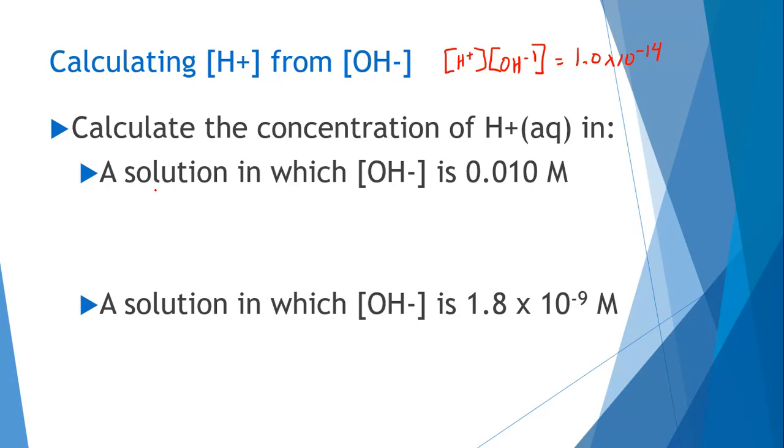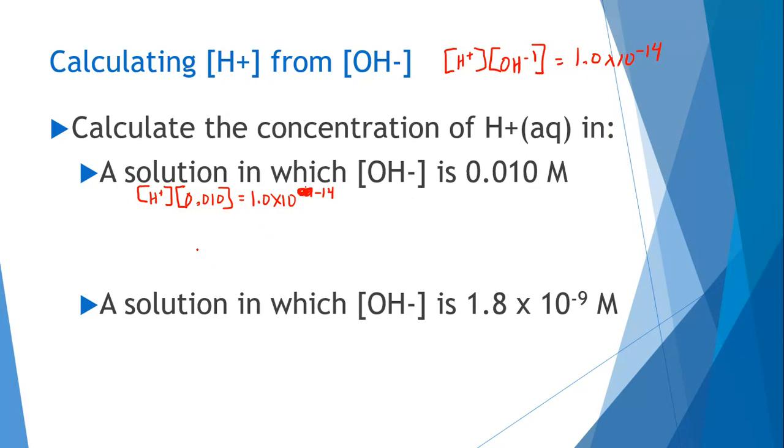We do not know that, so I'm going to plug that in right here. We're going to multiply that by the hydroxide concentration, and it tells us that our hydroxide concentration is 0.010. And then in our equation, this always has to equal 1.0 times 10 to the -14.